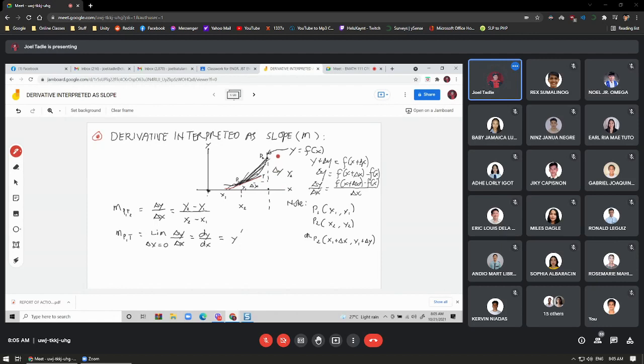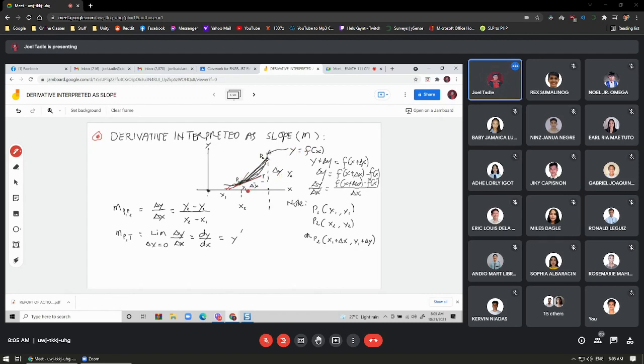So, na ako illustration dere, suppose the curve is this curve joining the 2 points P1 and P2, which is y equals f of x.